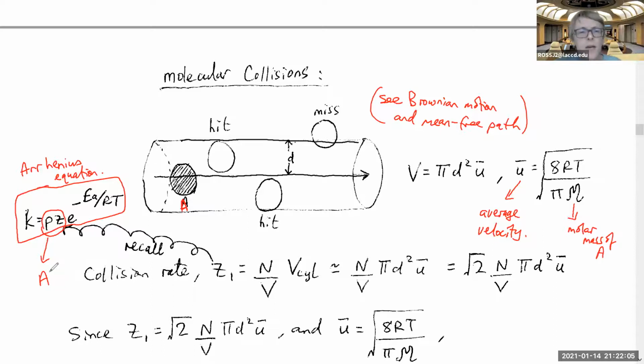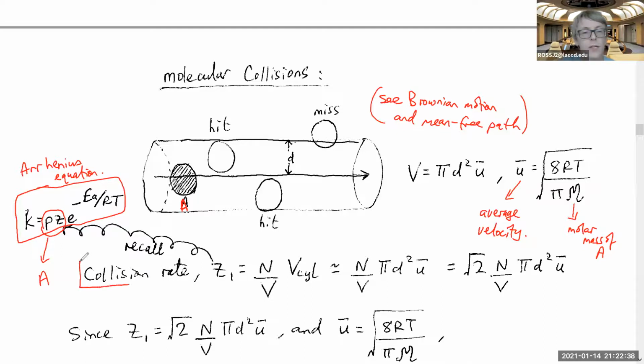And Z is what I've called the collision frequency or the collision rate.